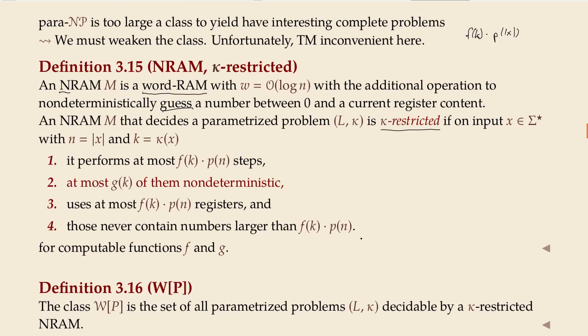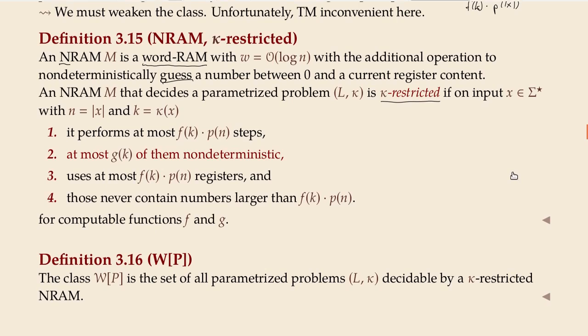Okay, as before, these are just some computable functions that we don't assume anything else about. Now we define the class WP. That's simply the class of all problems that are decided by a kappa-restricted, non-deterministic random access machine. That's our class WP.